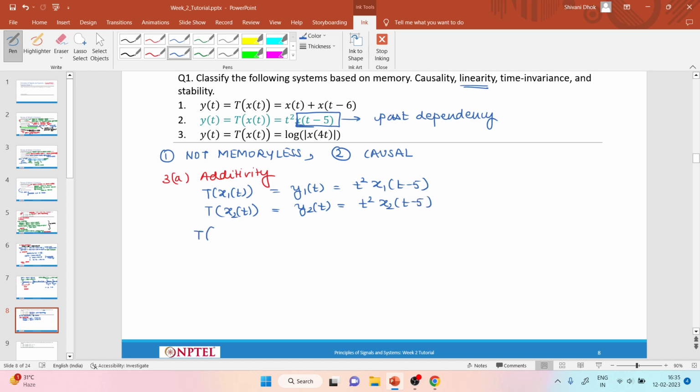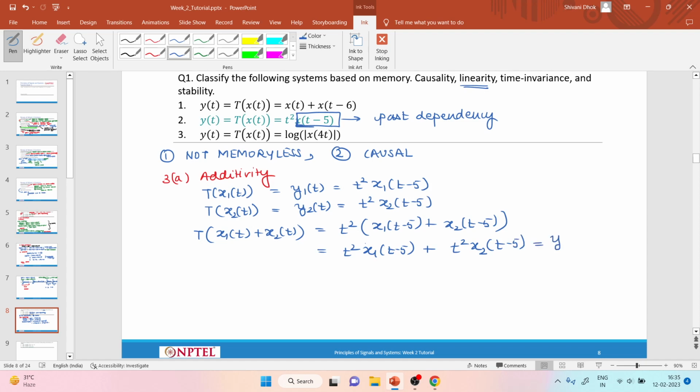Now if I give the input as addition of these two, that is x1 of t plus x2 of t, then my output will be t square times x1 of t plus x2 of t minus 5, which we can write as t square x1 of t minus 5 plus t square x2 of t minus 5, which is equal to y1 of t plus y2 of t, and hence this system is additive.